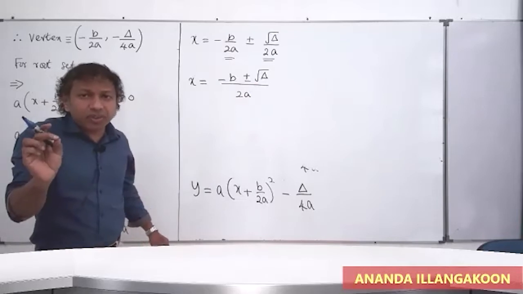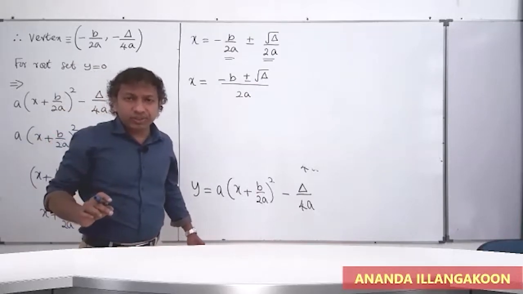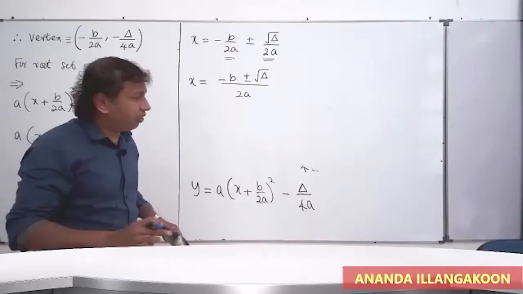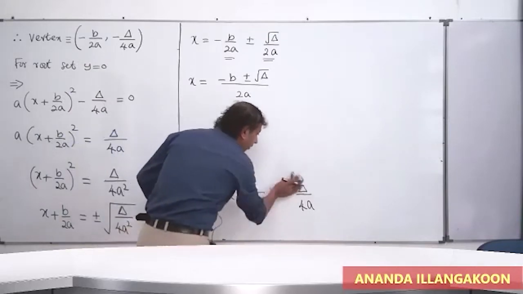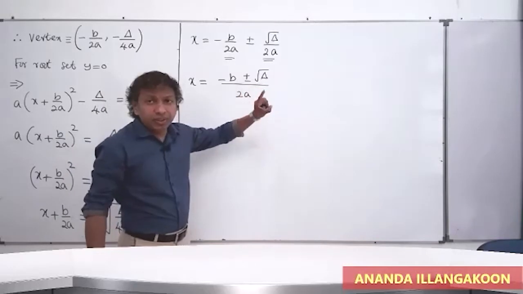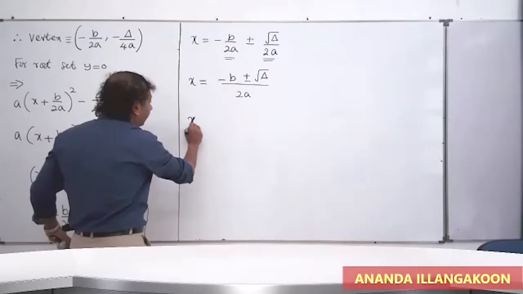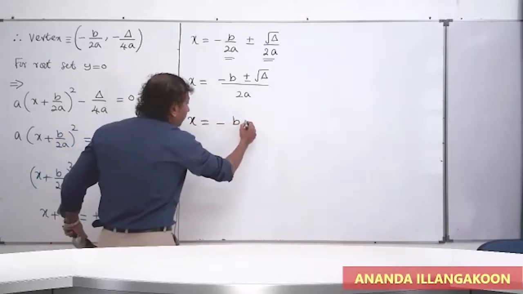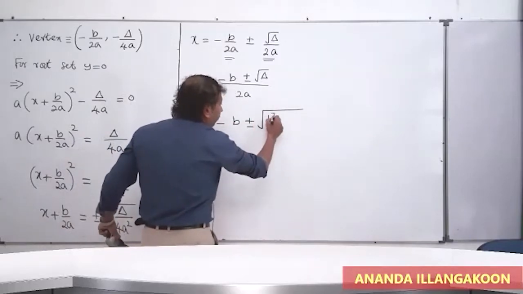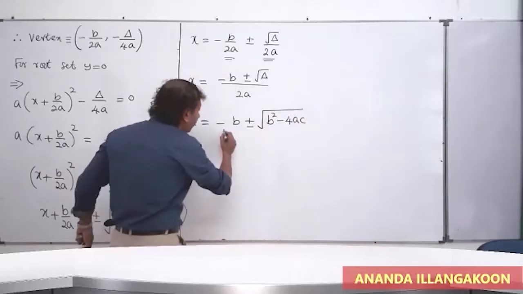People, can you remember this kind of expression in your O levels? If not, see whether you can remember. Our delta was, people, b squared minus 4ac, no? Shall I write for the place of delta that x equals minus b plus or minus square root of b squared minus 4ac, I wrote for this delta, divided by 2a.